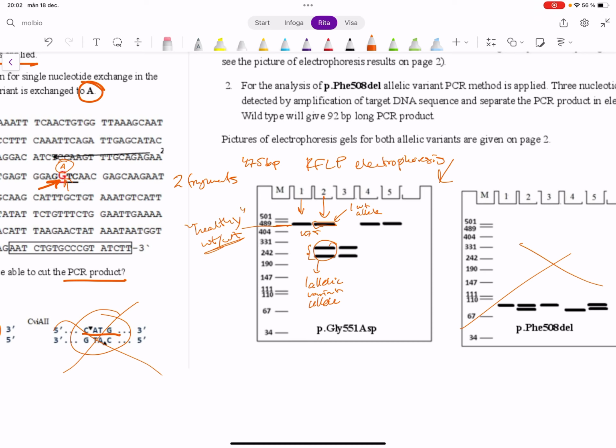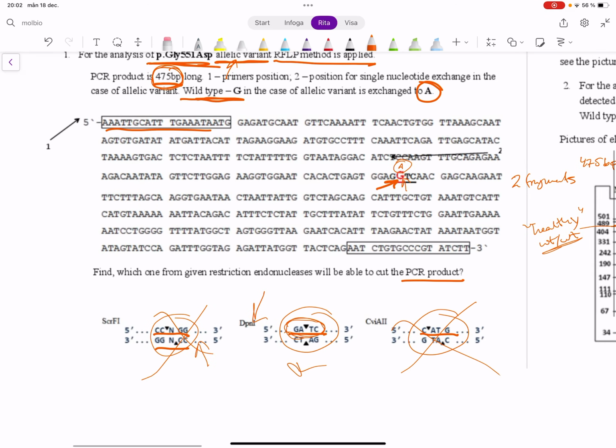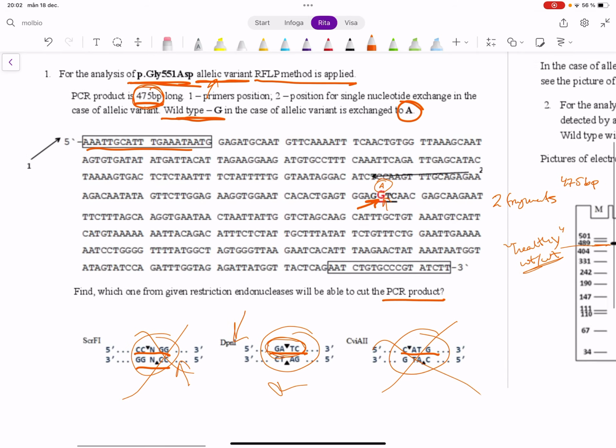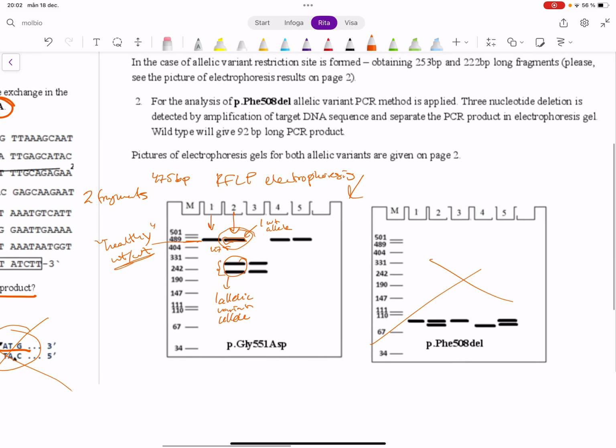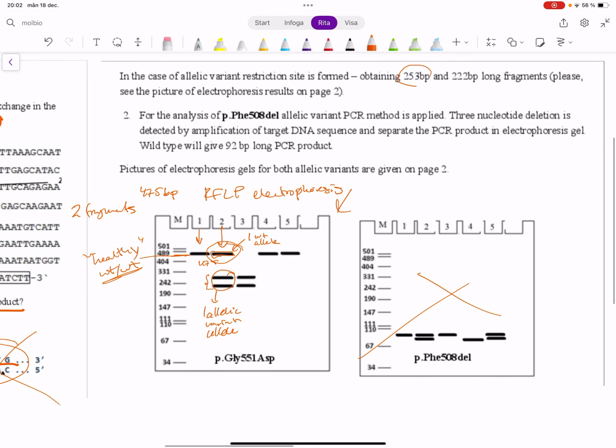And this means that it found it on one allele but not the other. So this is why we have 475 here, but we have different lengths of base pairs or fragments. And you can see here 253 and 222. In the case of allelic variant, a restriction site is formed, obtaining 253 and 200 long fragments.